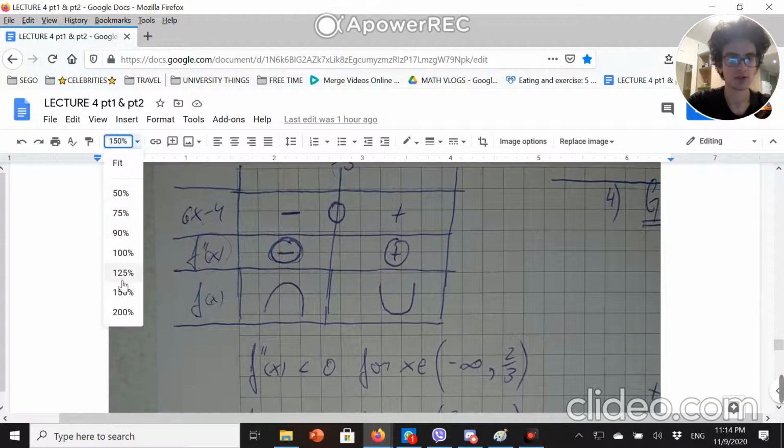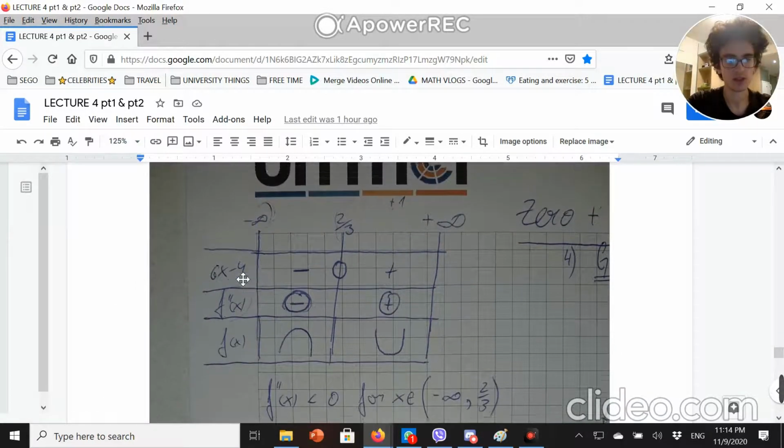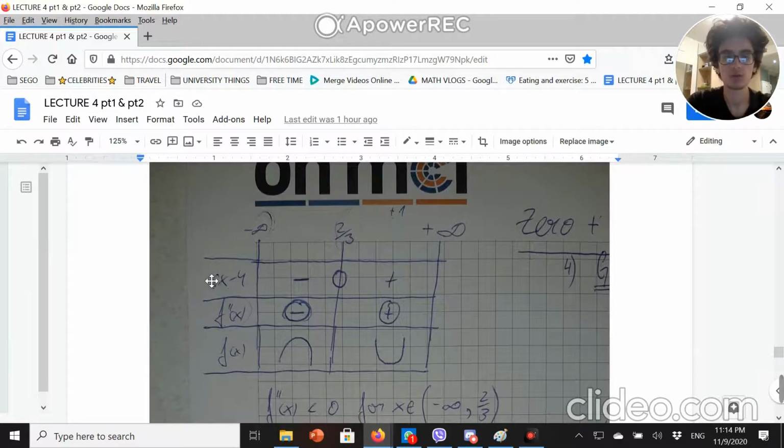Once again, we're going to draw our table, and we put our function 6 times x minus 4, our domains, negative and positive infinity, and the point that we calculated previously. So once again, let's check. If it's negative, it will be a reverse U sign. If it's positive, it's going to be a normal U sign.